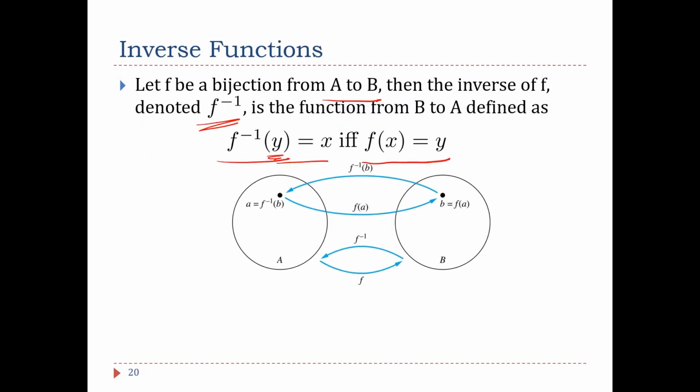So we would draw it this way. We go from A to B using the function f, and for every element a, we have the image b that is equal to f of a. And in case the mapping is a bijective mapping, it means a bijective function, then f minus 1 exists, and f minus 1 of any element b would be equal to the element a, such that f of a is equal to b.